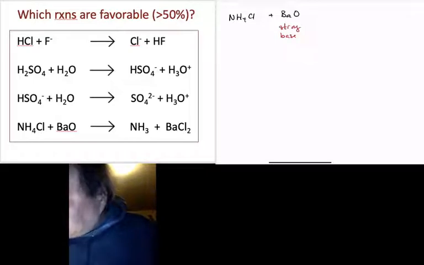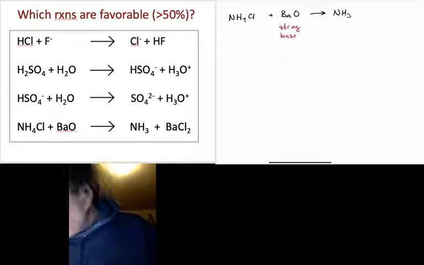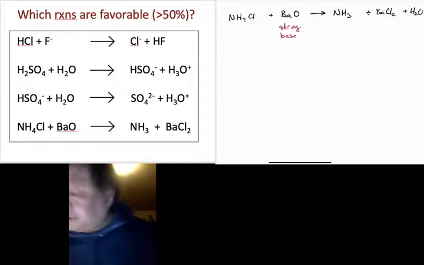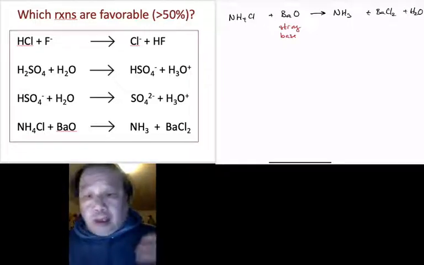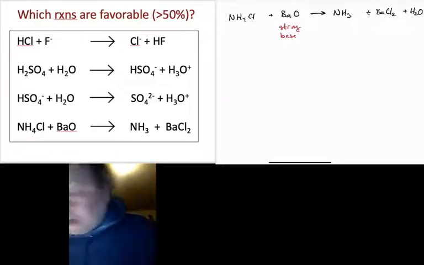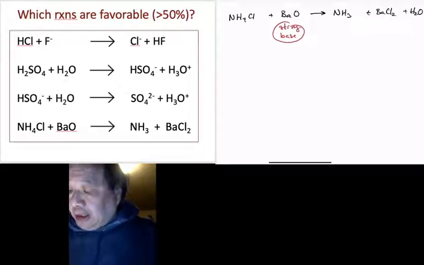And it goes to NH3 plus BaCl2 plus H2O. There's a third product. But is this reaction favorable or not? Put it in chat. We have, as one of the reactants, a strong base. And is this going to be a favorable reaction?